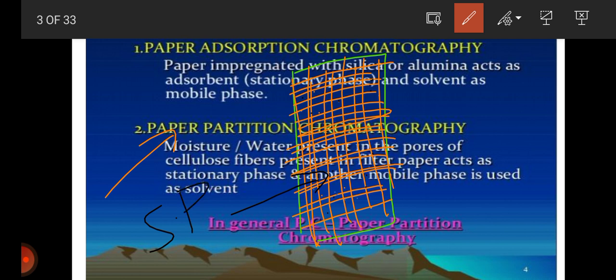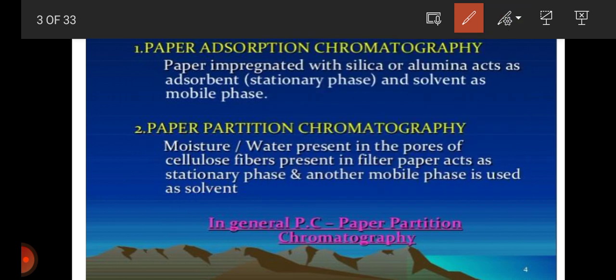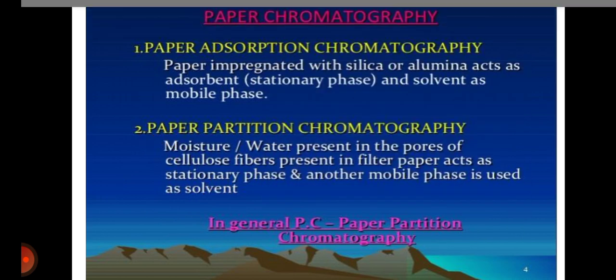When you introduce this filter paper in the developing chamber, you pour organic solvent or buffer solution to one-fourth level. This organic solvent acts like a mobile phase. That type of technique we call paper partition chromatography.